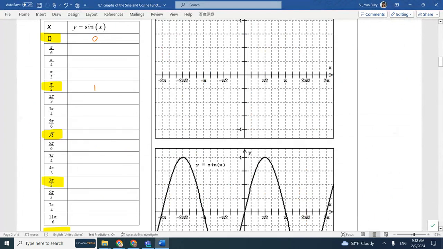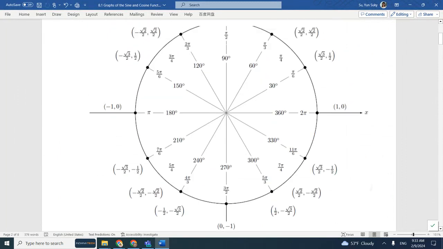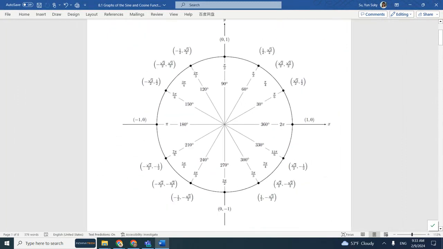1. Okay, now we need the unit circle. Sine pi, what is sine pi? In the unit circle, remember we have x and y coordinates. The x is like cosine theta, and the y coordinate is the sine theta. So for sine theta, we're actually looking at the y coordinate. So sine 0 is 0.